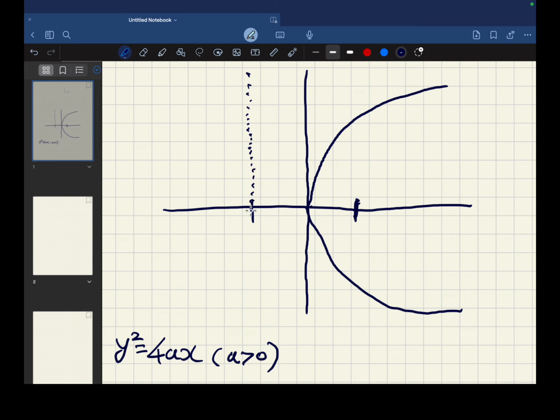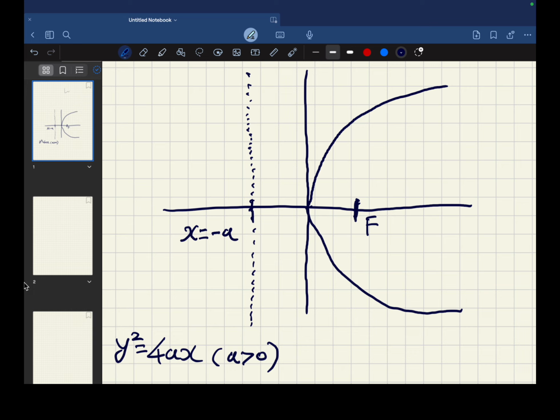And this would be the directrix, since a is positive here. So this would be F, the focus of the parabola, and this would be the directrix, which is x is minus a here.